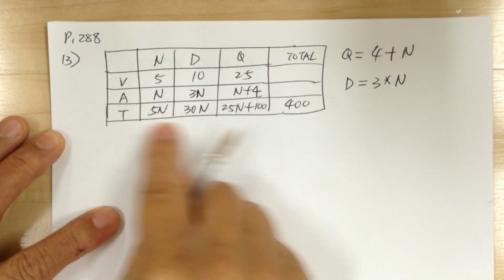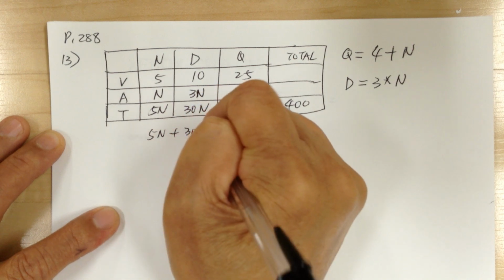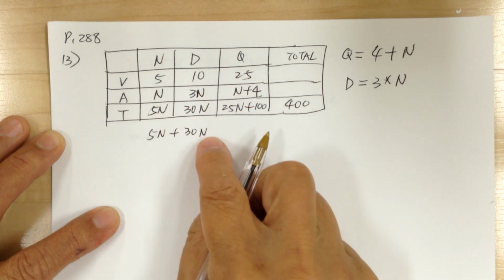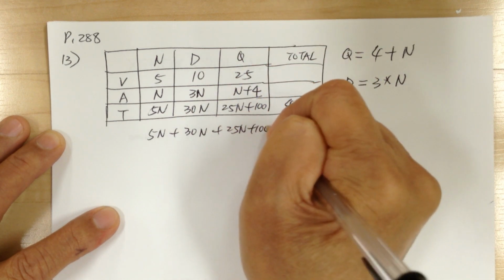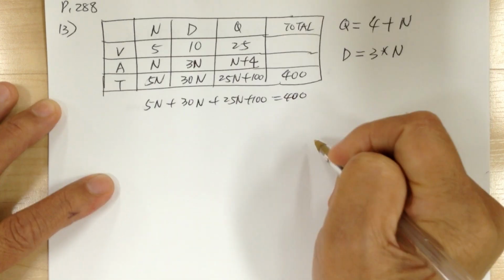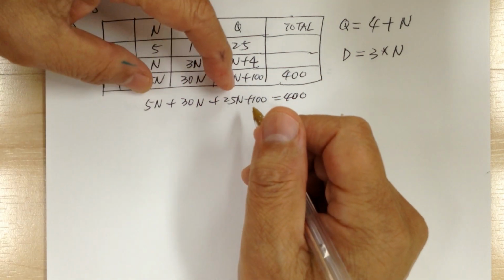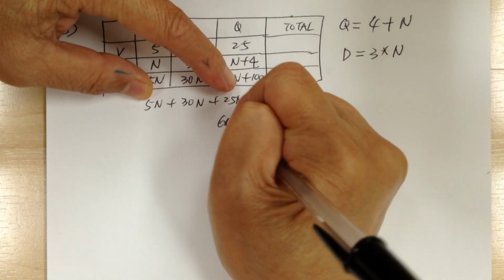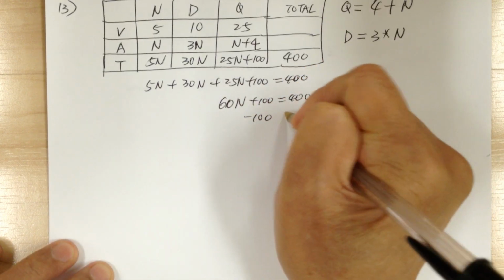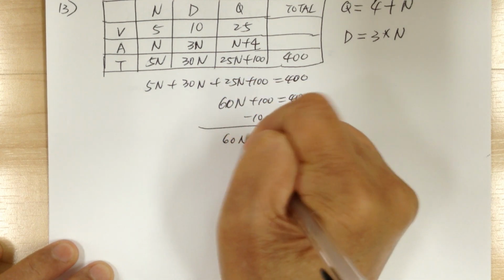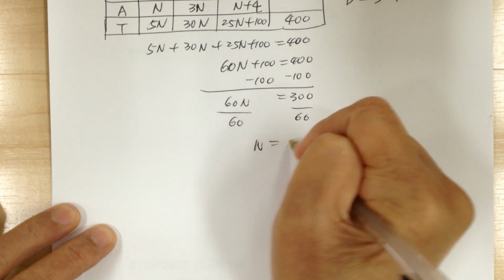Now you have only one variable, so all you need is this one equation. 5N plus 30N is the value from the nickels and dimes, plus the value from the quarters, and the total equals 400. Combine like terms: 5 plus 30 plus 25 is 60N, plus 100 equals 400. Minus 100 on both sides, so 60N equals 300. Divide by 60, so N equals 5.